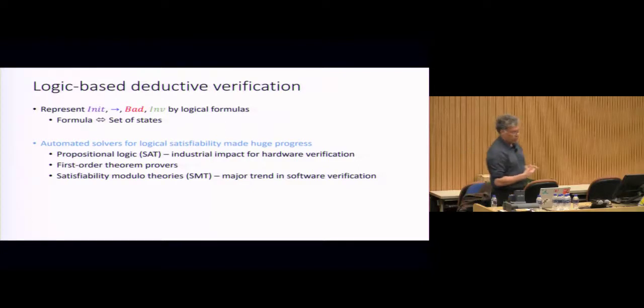And Microsoft Research has been at the forefront of that. So there are various types of SAT solvers. We heard about SAT solvers yesterday, and we're going to hear more about SAT solvers later. There's also something called satisfiability modulo theories. You want to reason about logical propositions with conjunctions and disjunctions, but you also want to reason about arithmetic, and you want to reason about bit vectors or sequences or sets or even strings, right?